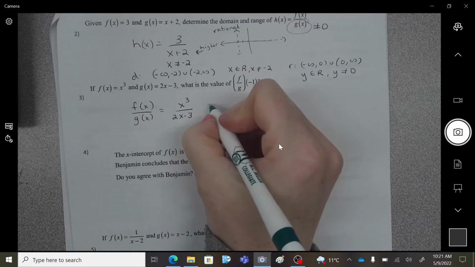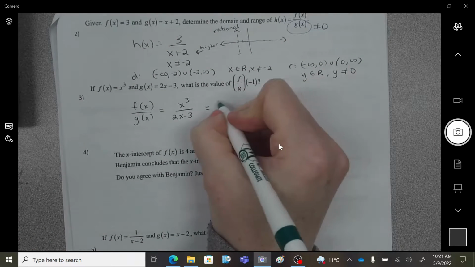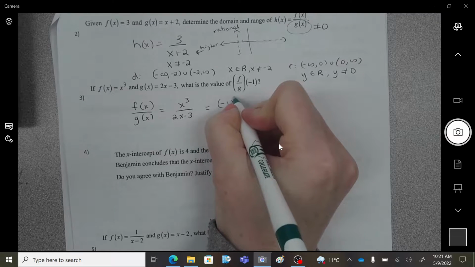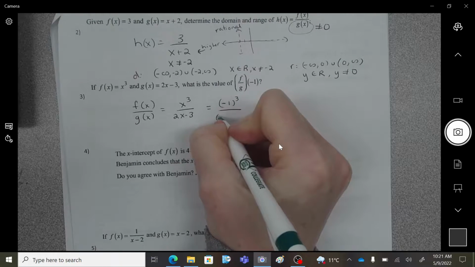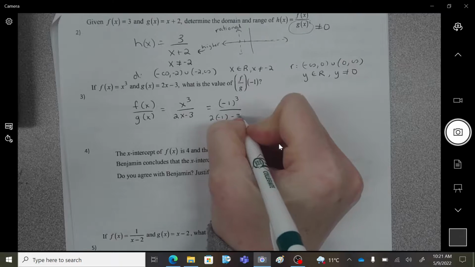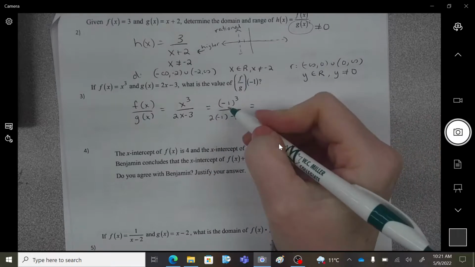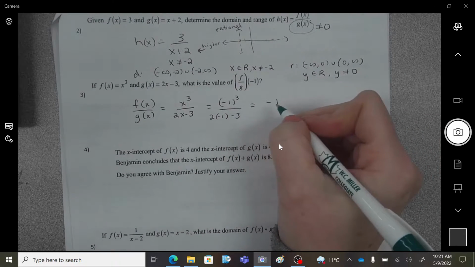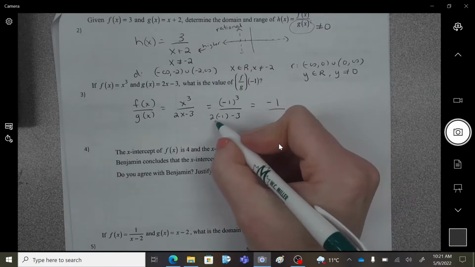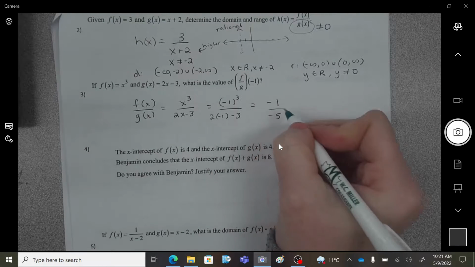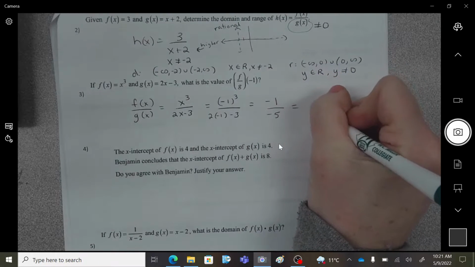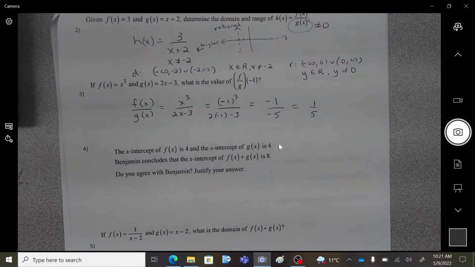So putting a negative 1 into this, so negative 1 cubed is negative 1. And this makes negative 5. Then I'm going to simplify that. Two negatives make a positive.